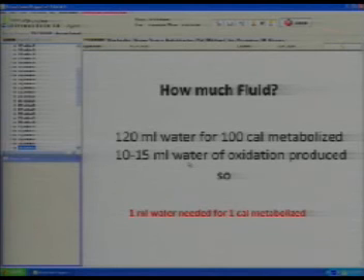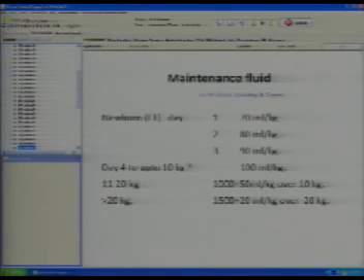The concept of fluid therapy has come from a physiological understanding that 1 ml of water is needed for 1 calorie metabolized in the body. Based on this concept, Holliday and Segar devised this maintenance fluid formula for children, which all of you are very familiar with. However, this is a very arbitrary and empirical formula which may not be true and is too complex to calculate all the time in all the patients.